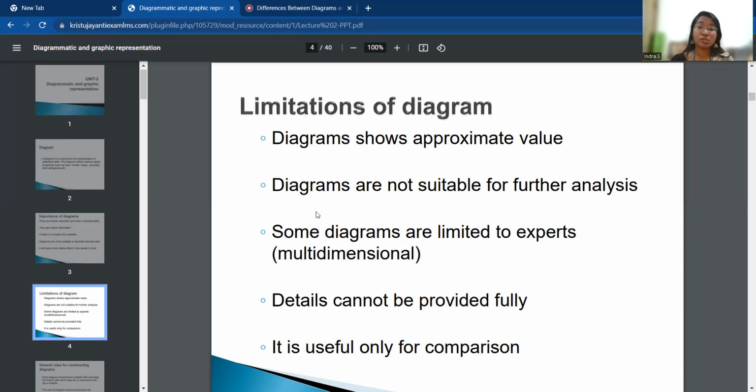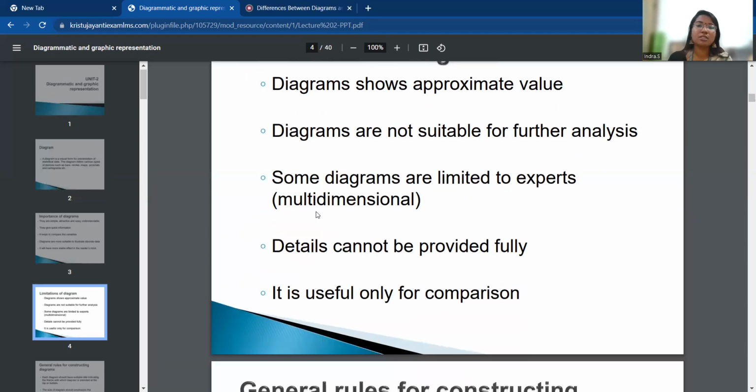With a bar graph, it is very difficult for me to draw a conclusion. What am I going to do after the bar diagram? Can I use the bar diagram for any other statistical tools, for any other analysis? That again is a question mark. So diagrams are not very suitable for further analysis or further investigation. It is very, very difficult.